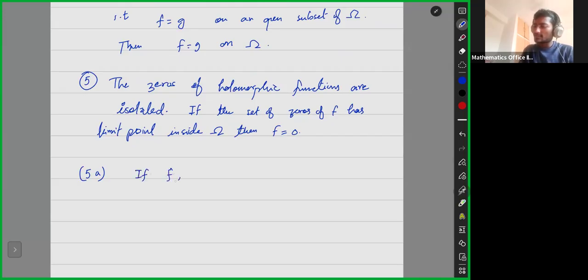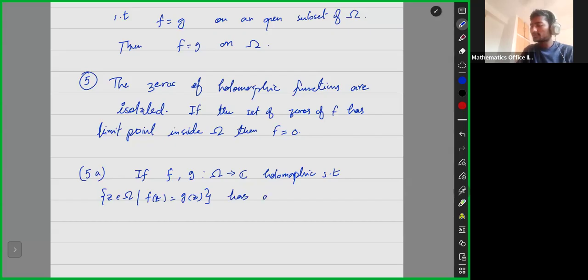Just using 5a, we have a corollary 5a: if f and g from omega to C are holomorphic, such that f of z is equal to g of z for z belonging to a set in omega that has a limit point, then you just calculate f minus g, this function.